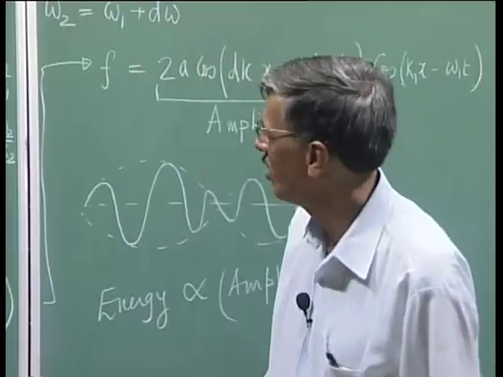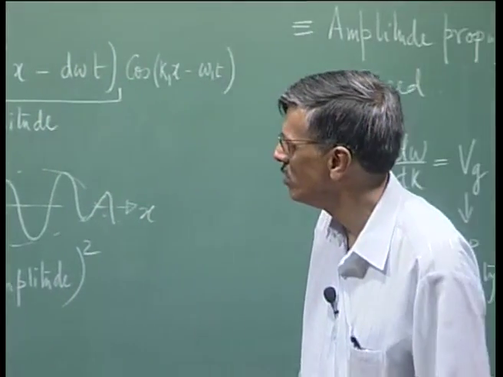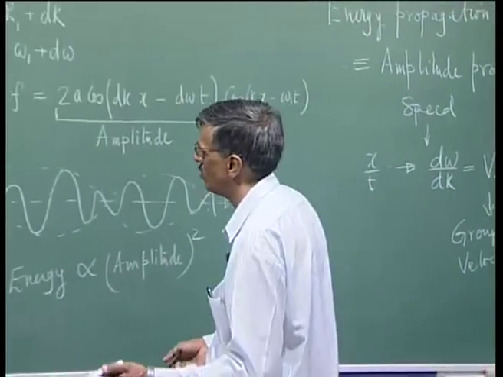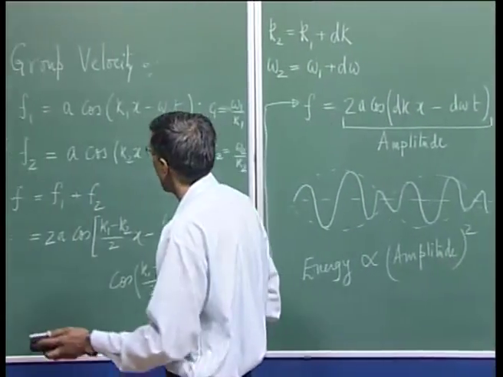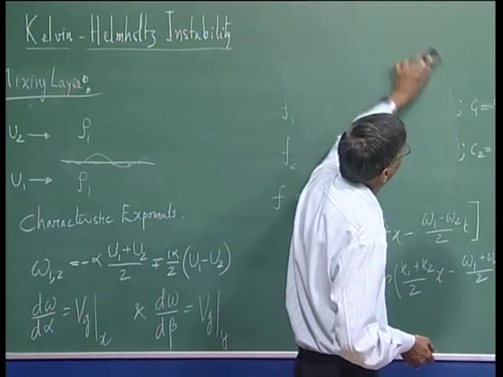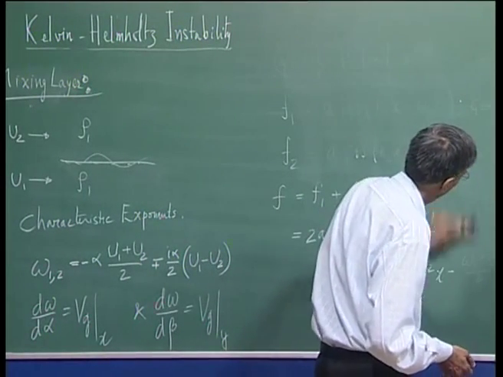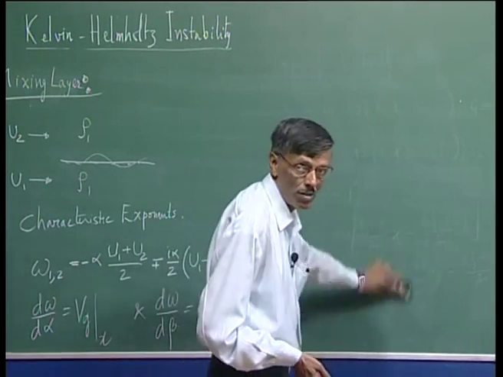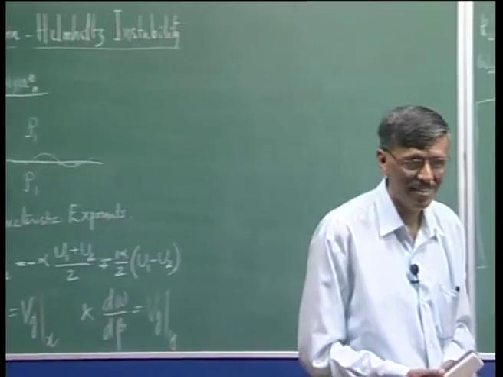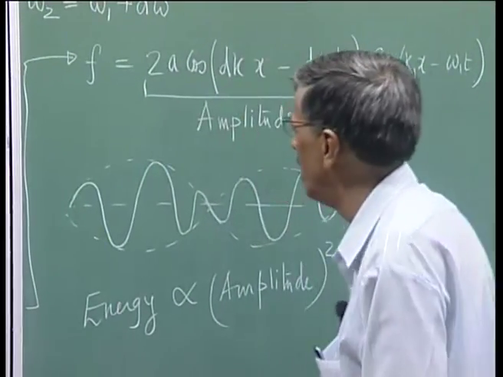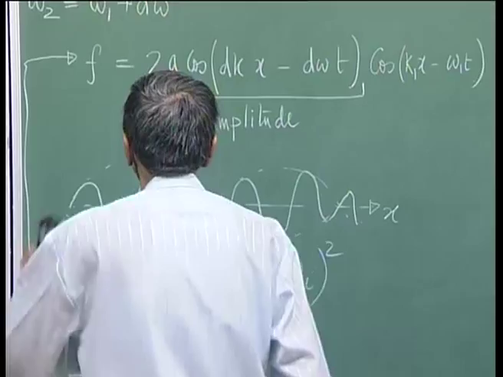Now let's go over to an engineering problem, which is really a problem not only of engineering, but also a problem of physics, which interestingly enough has exercised the mind of great physicists starting from Kelvin, Helmholtz and Rayleigh. You can name any physicist who has not really dabbled with it.